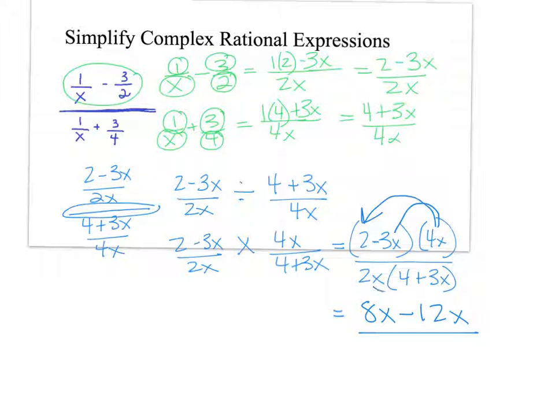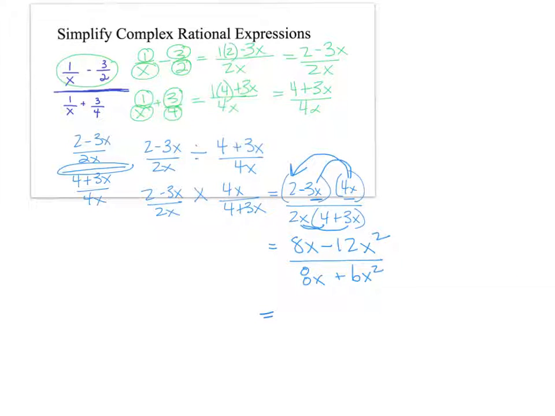And on the bottom, 2x times 4 will give me 8x, and 2x times 3x is going to give me positive 6x squared. So it becomes 8x minus 12x squared over 8x plus 6x squared.